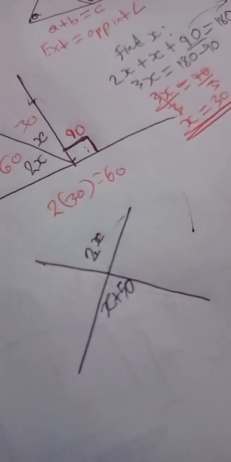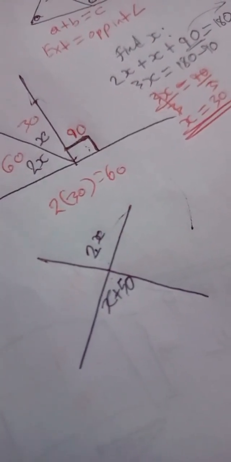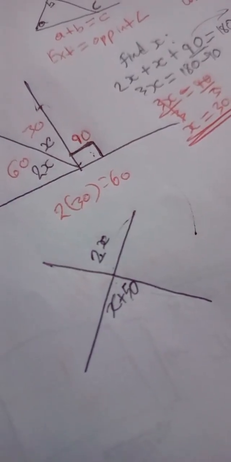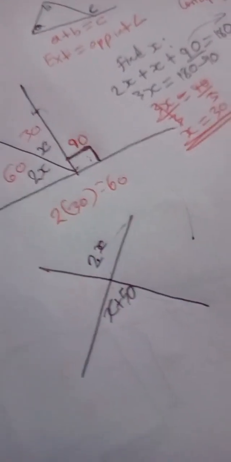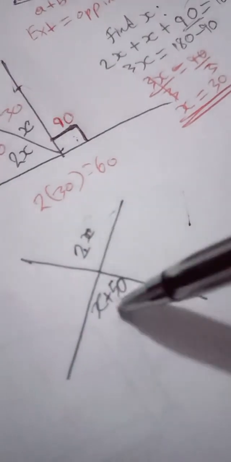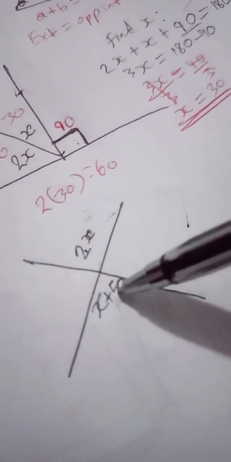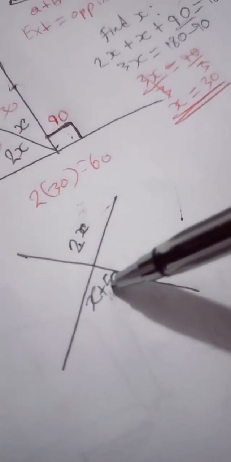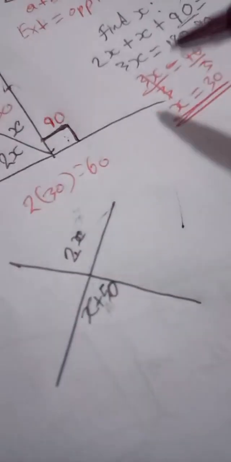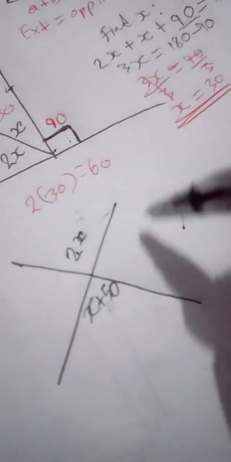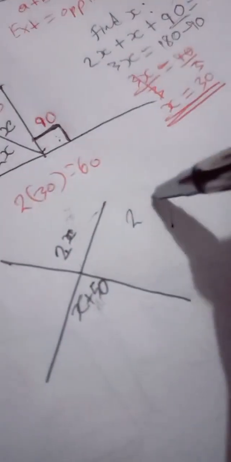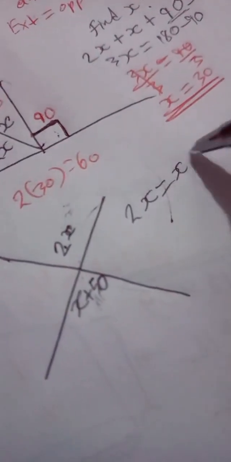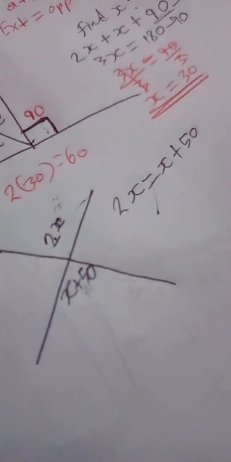How are they related? If we're checking how they are related, these two are vertically opposite. So if they are vertically opposite, that means that 2x is equal to x plus 50.